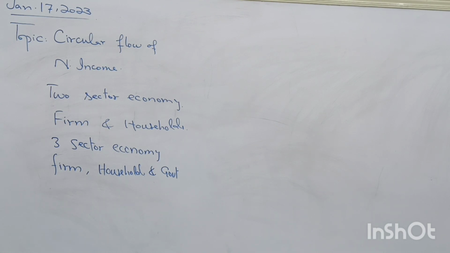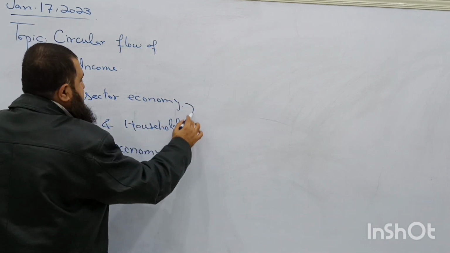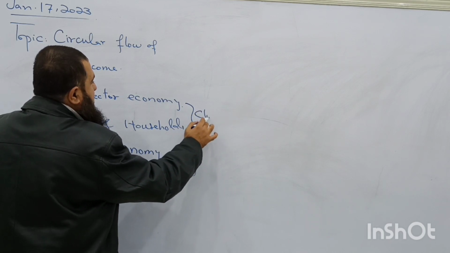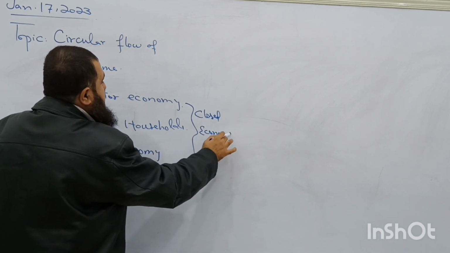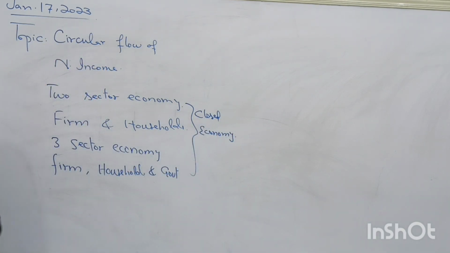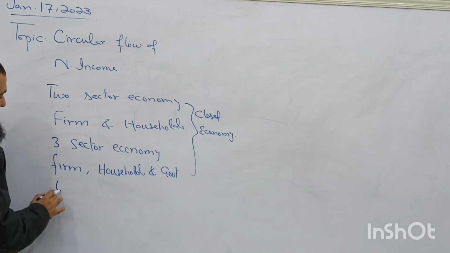Both of them, both two-sector and three-sector economy, are called closed economy. What does it mean? That it is not having any international trade. When trade is not existing, so that economy is called what? A closed economy.